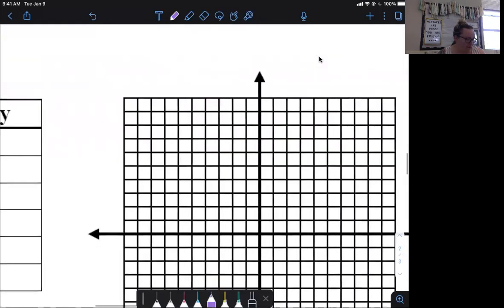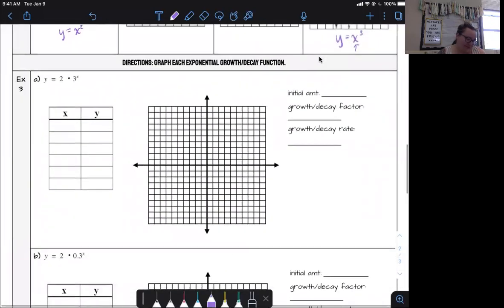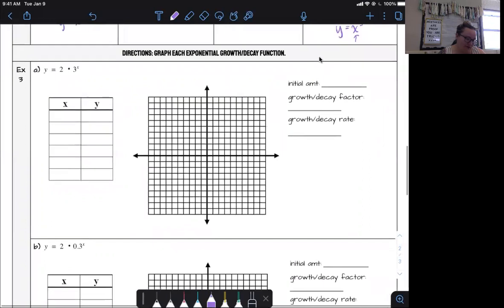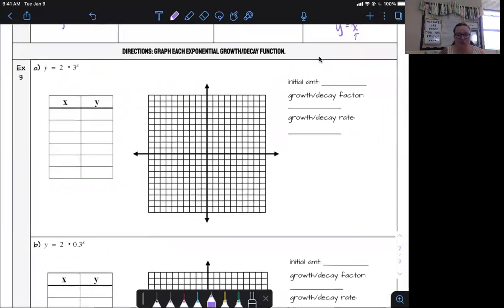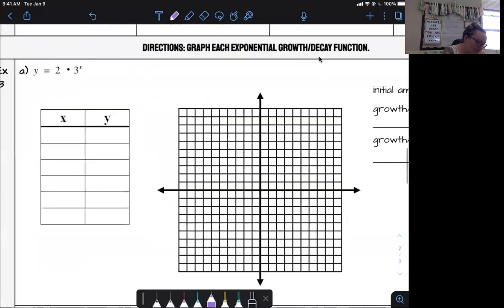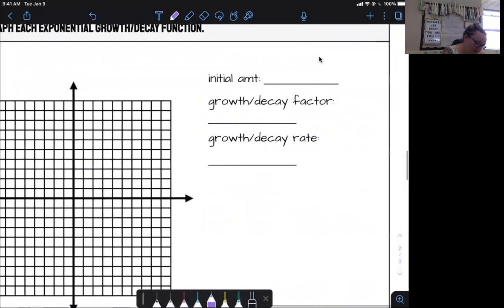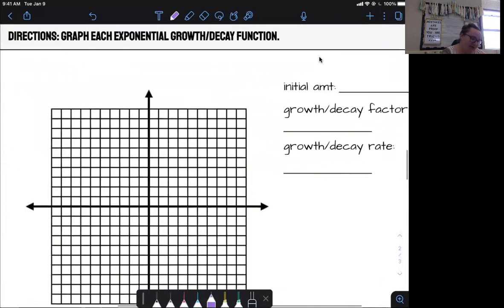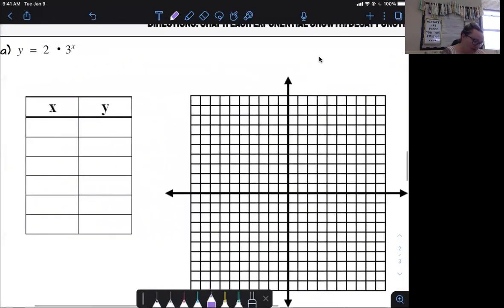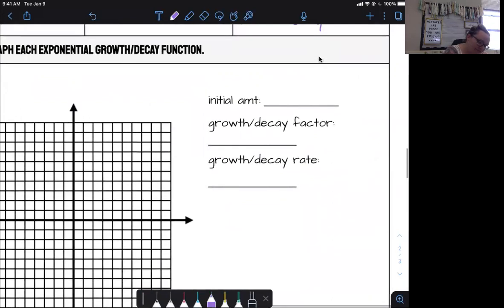All right. So now let's practice graphing some exponential models. So y is equal to 2 times 3 to the x. So right away, the first things I'm going to identify are the initial amount, the growth or decay factor, and the growth or decay rate. Our initial amount would be this 2.